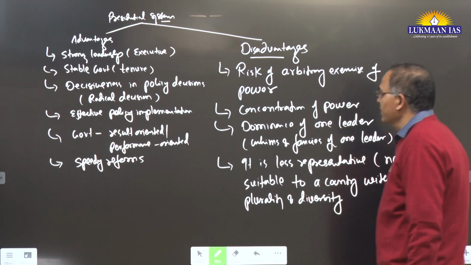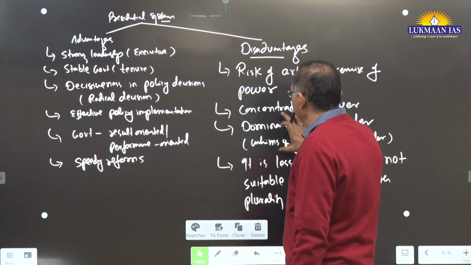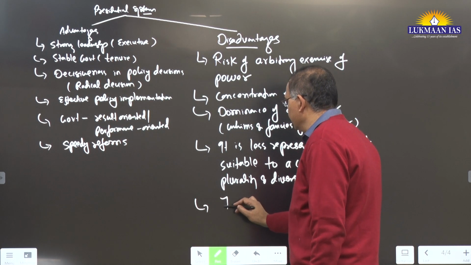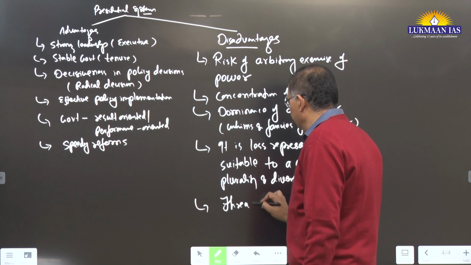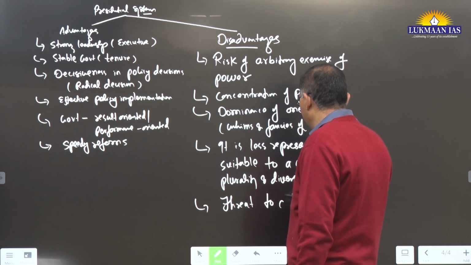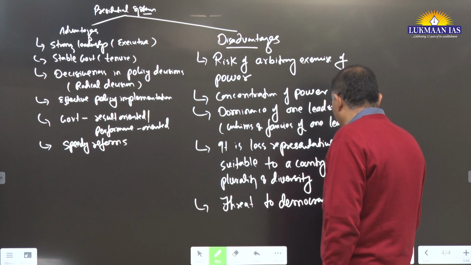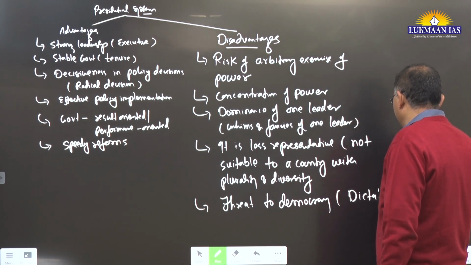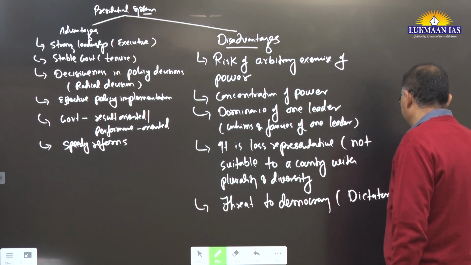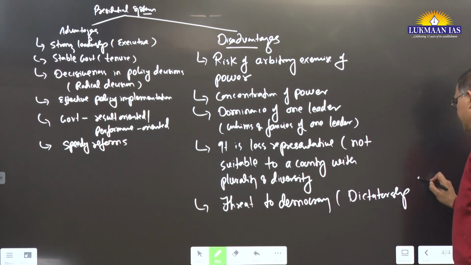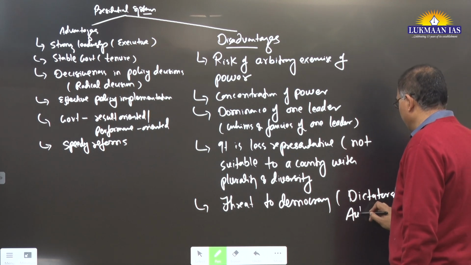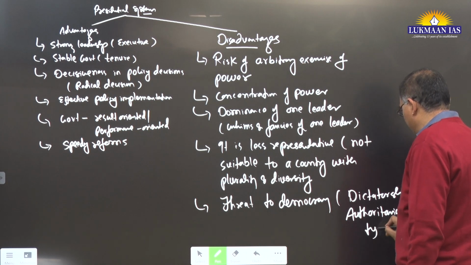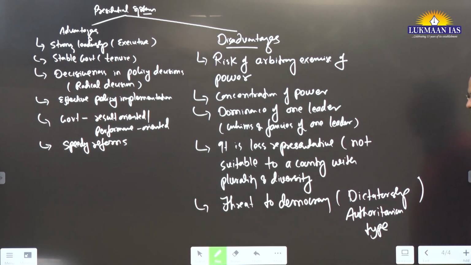And the system can transform into monarchical or dictatorship. This is how it is a threat to democracy. There can be dictatorship, authoritarian rule.